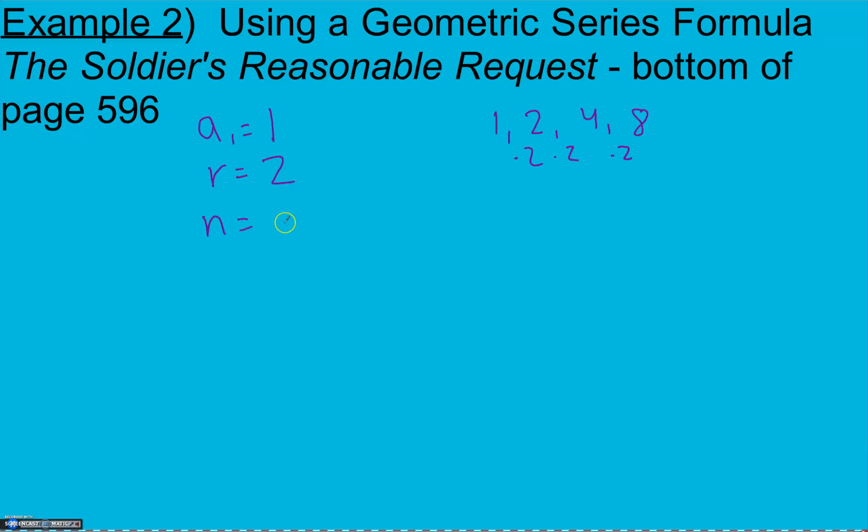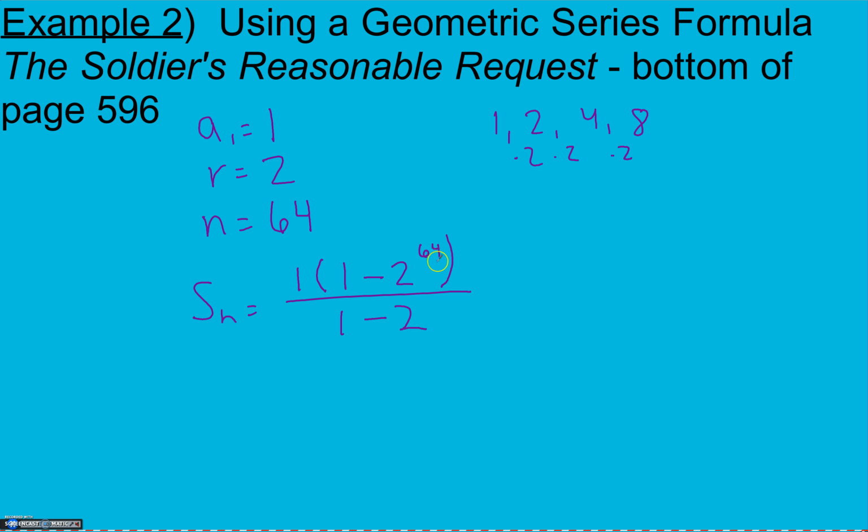And the number of terms is going to be 64 because there are 64 squares on a chessboard, 8 by 8. So the sum here for the total number, again, total means find the sum, is going to be our first term times 1 minus our common ratio raised to the nth power divided by 1 minus our common ratio.